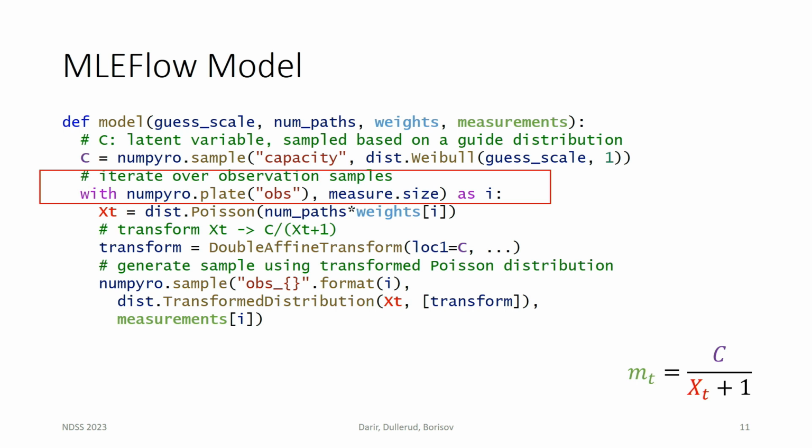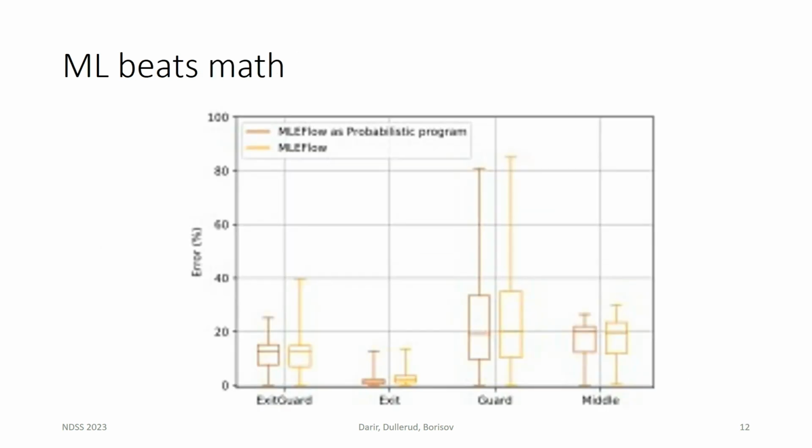And then we said, okay, let's plug this in on the same data that we used for the previous paper. And the thing that you can see here is that the probabilistic programming represented in red here is giving us as good or maybe even slightly better, more accurate estimates of capacity than our closed form approximation is, with a lot less work.